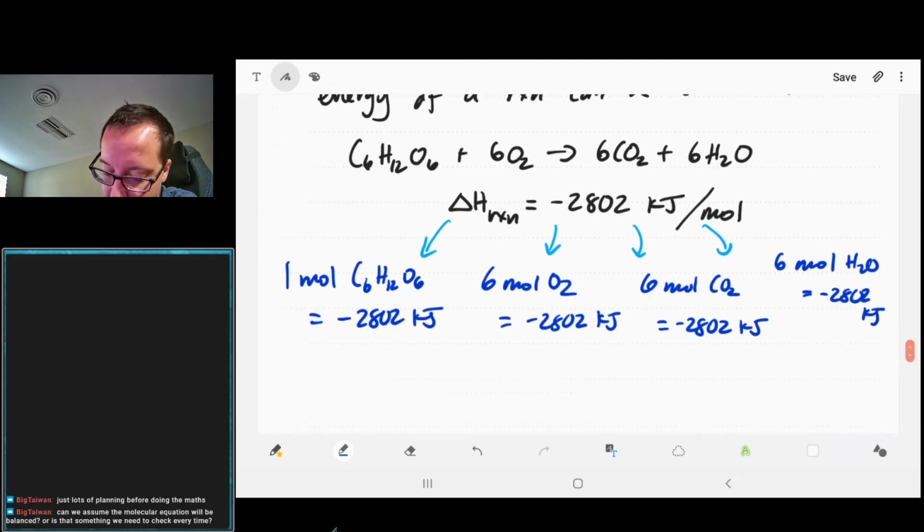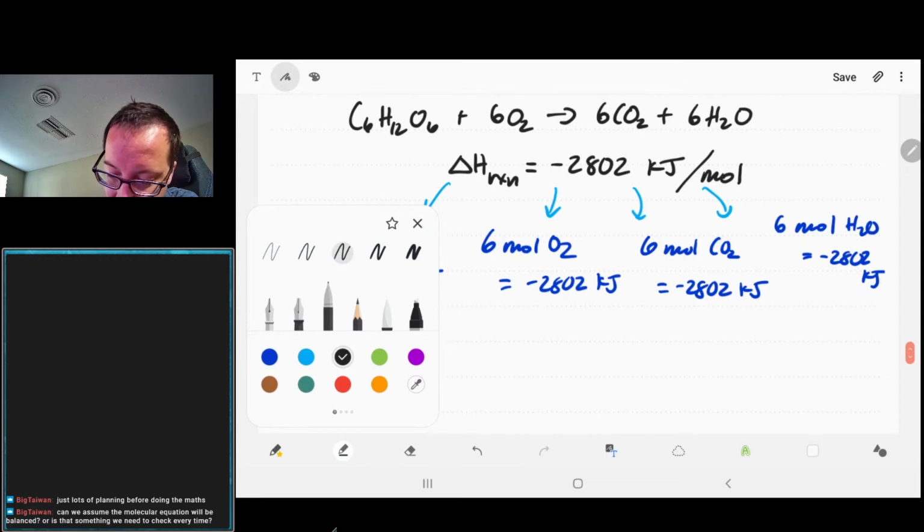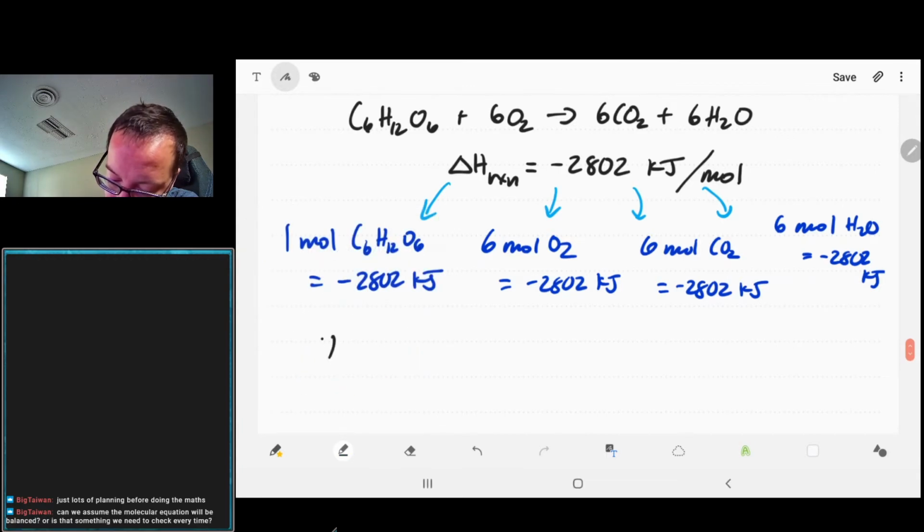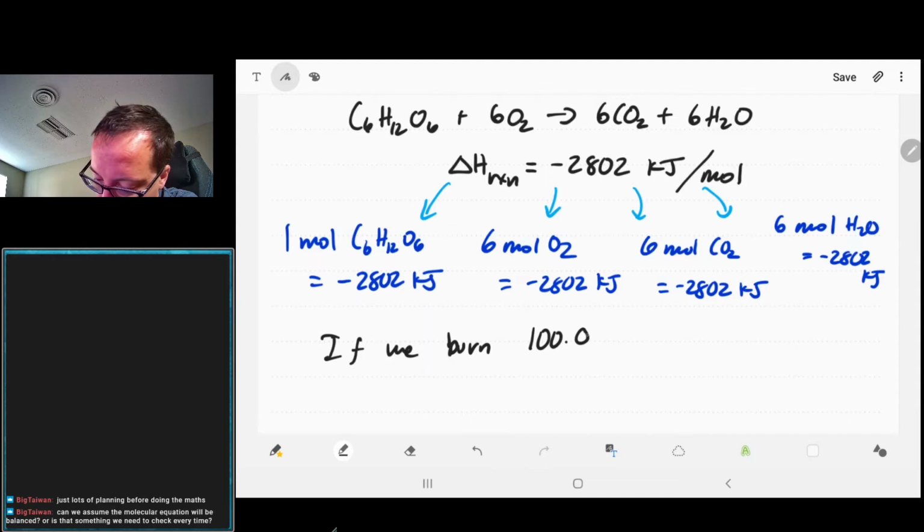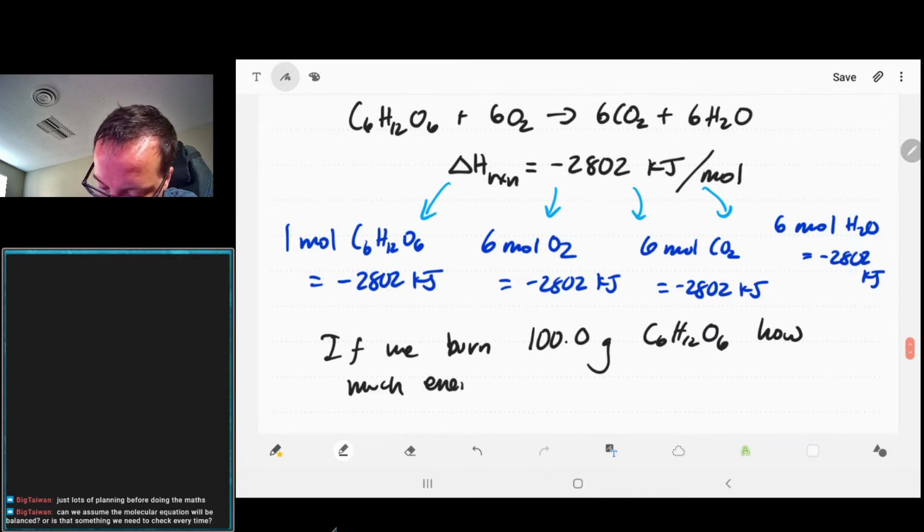So if we see here, if we burn 100 grams of glucose, we can do this too.